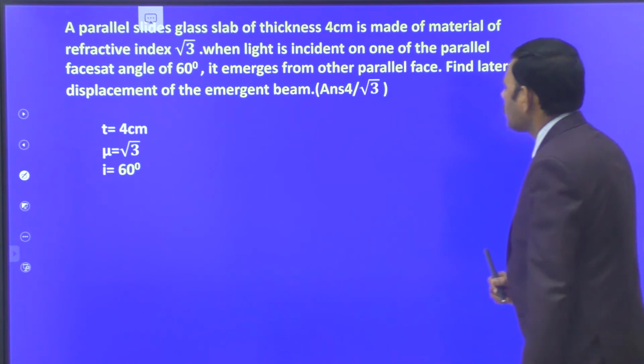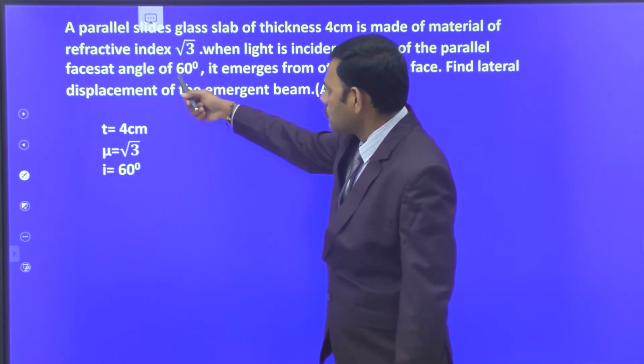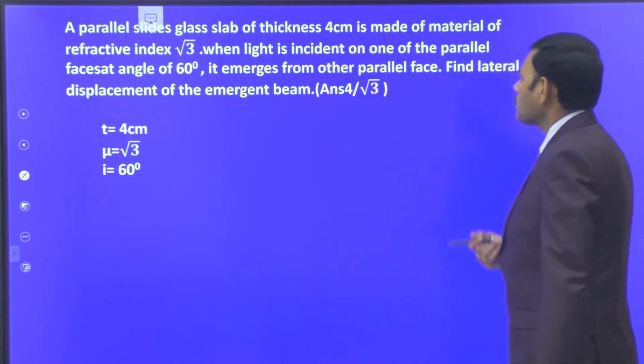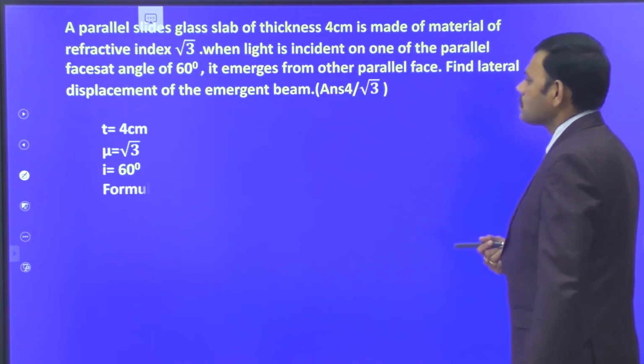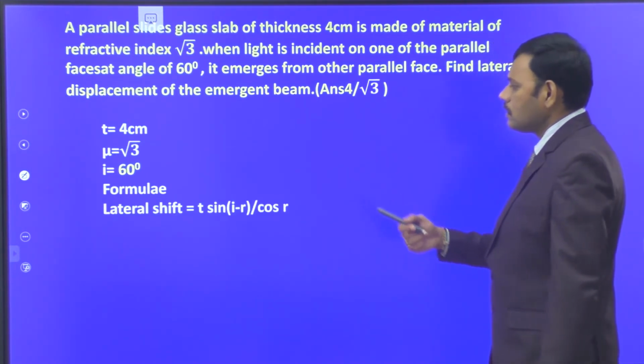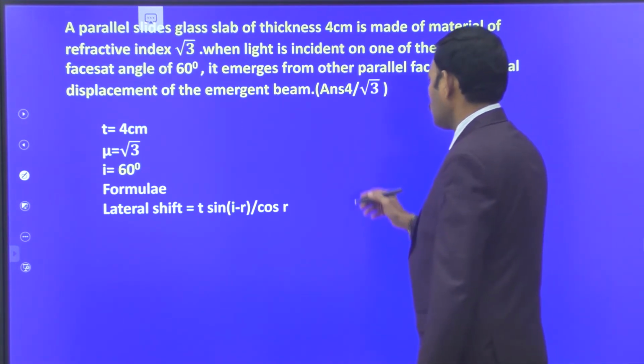When light is incident on one of the parallel faces at an angle of incidence 60 degrees, it emerges from the other parallel face, and formula for lateral shift is T into sin(i minus r) by cos r.